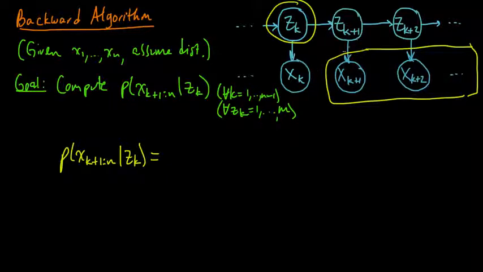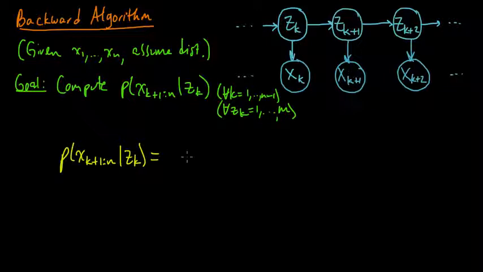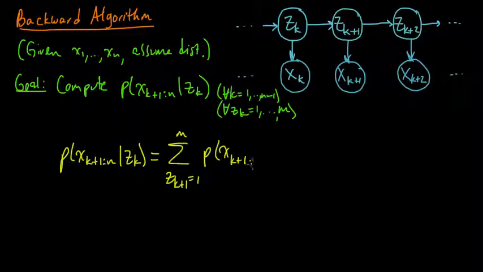Well, it would be nice if we introduced this guy, because then we could factor off the transition probability here, and we could factor off the emission probability here. That looks fairly promising. So let's introduce that guy. We can always sum over zk plus 1 from 1 to m, all the values that he takes, of the probability of xk plus 1 to n, and zk plus 1 given zk.